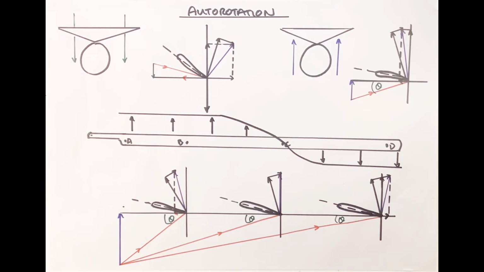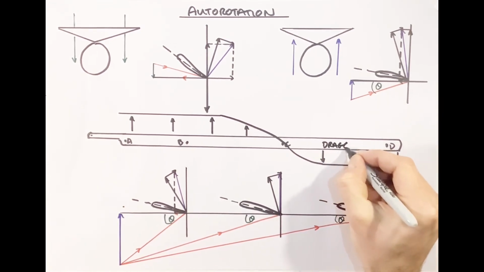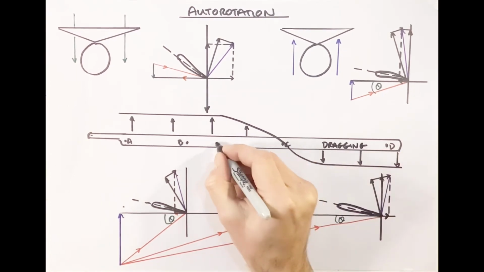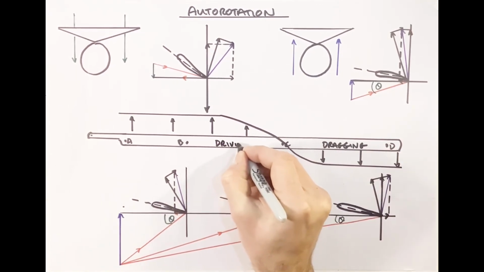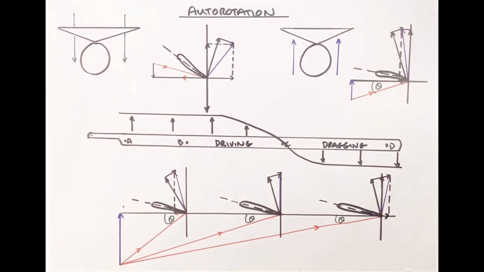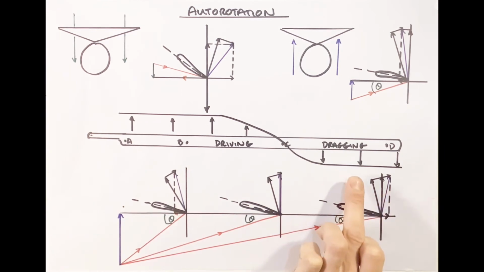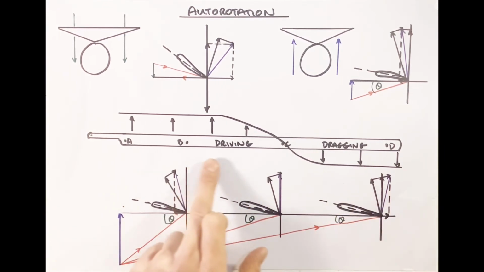So all you need to do to finish this drawing off is just to annotate here dragging and driving section, and it's relatively easy to keep it simple, and you just have two sections of the wing, one part on the outside which is dragging, and then this central and root part which is essentially driving the blade around.